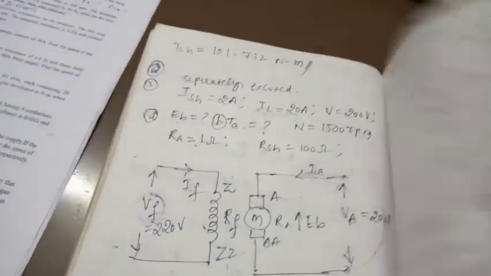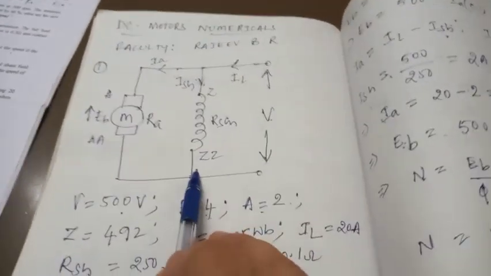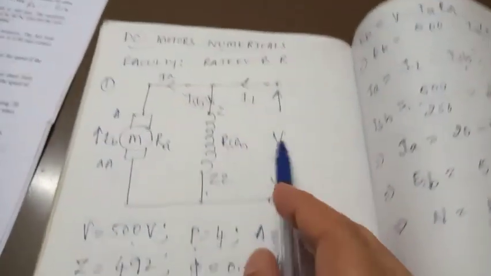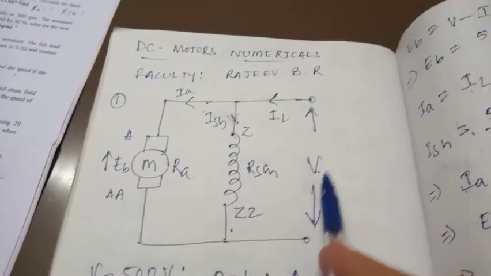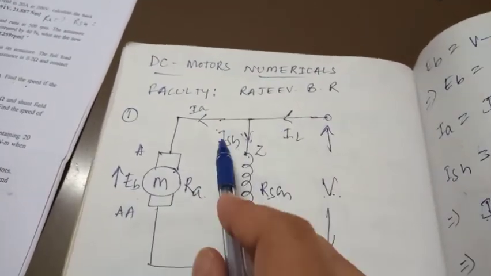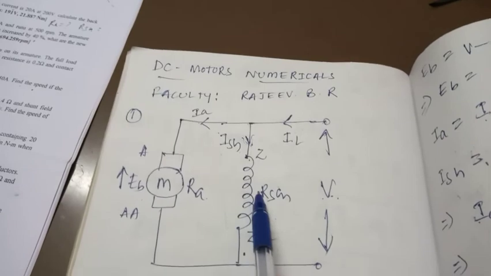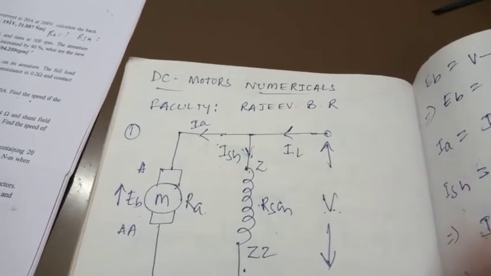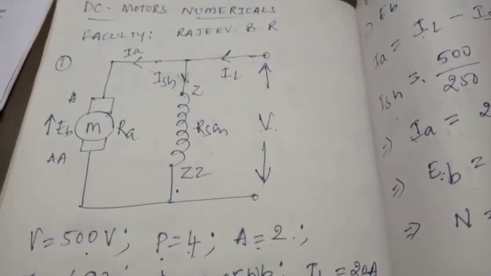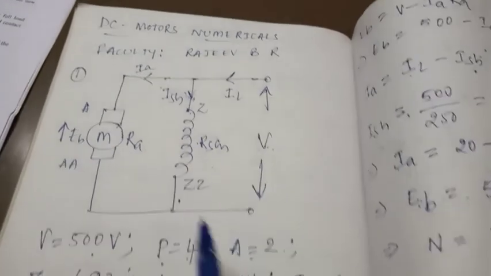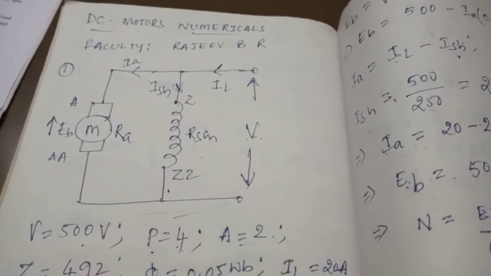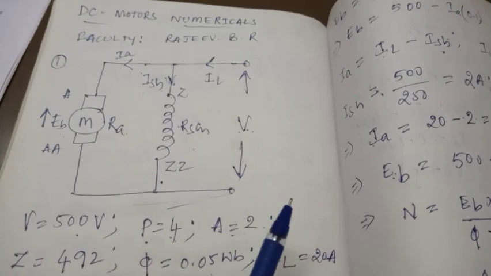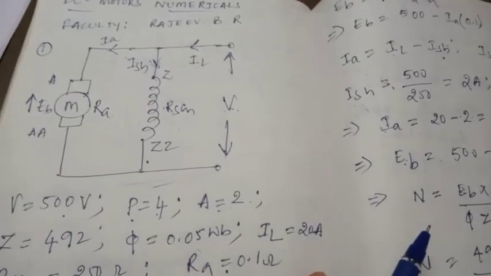You should also know the circuit representation of the series motor, separately excited DC motor, and shunt motor, and the corresponding equations for terminal voltage, back EMF, shunt current, field current, armature current and line current. If you know all these things, you can easily solve all the problems.